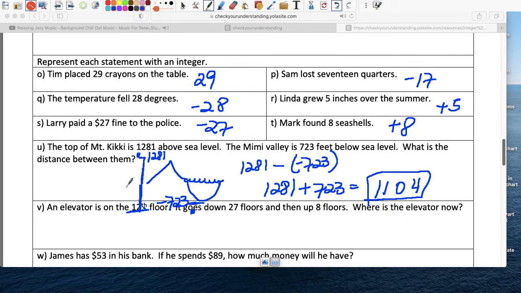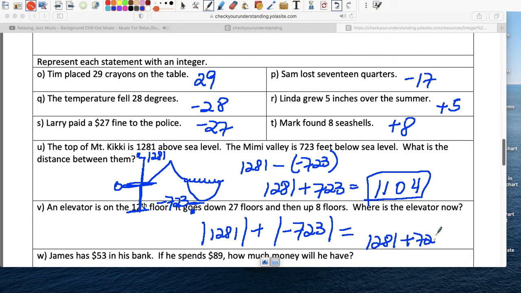Okay. Another way you could have done this, well, we know this is 0, right? So we can do the absolute value of 1,281, which is the distance from 0 to the top of the mountain, plus the other distance, which is from 0 to the bottom of the valley, right? And because distance is not negative, we're going to use the absolute value. So again, we end up having 1,281 plus 723 because we're adding their distances, right?